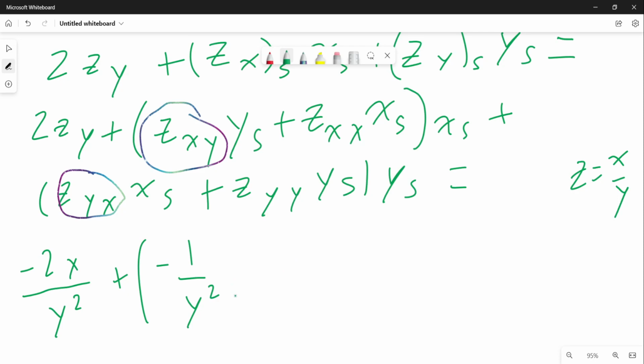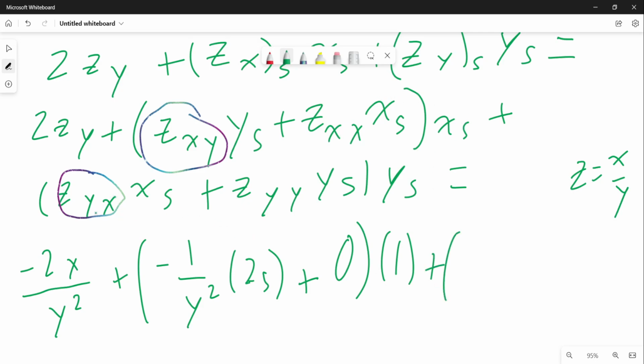Ys is 2s plus z double x is 0. So we don't even need to plug in the xs. And then xs on the outside, though, is 1. So let's see. Yeah. Negative 1 over y squared, 2s, plus 0 times 1, plus, now zyx is negative 1 over y squared.